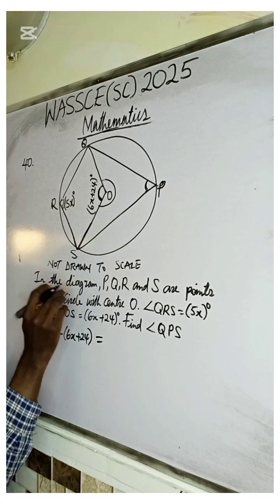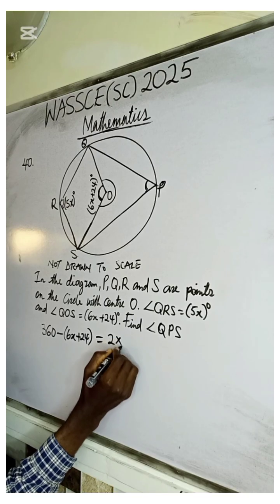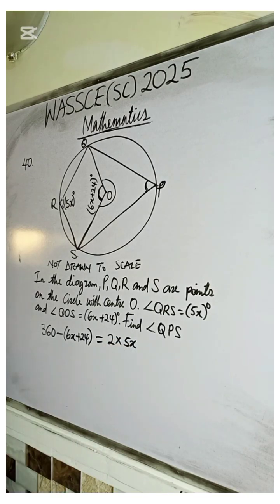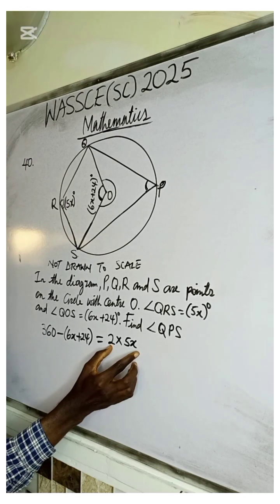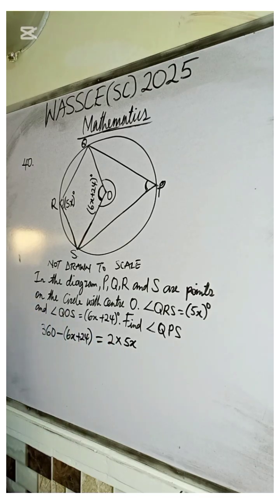The angle at the circumference is 5x, so we multiply it by 2, 2 times 5x. I hope you are following. Angle at the center is twice angle at the circumference, provided they are coming from the same arc, and provided that they are facing the same direction.